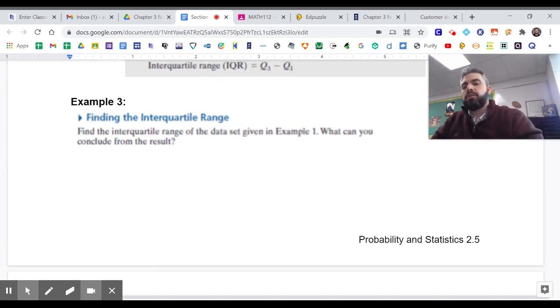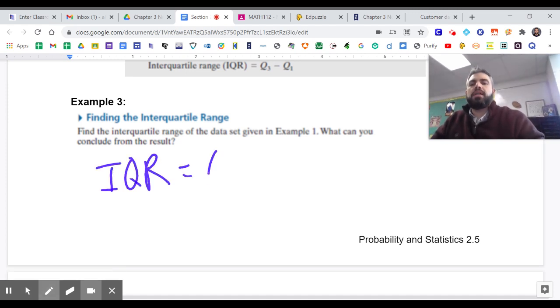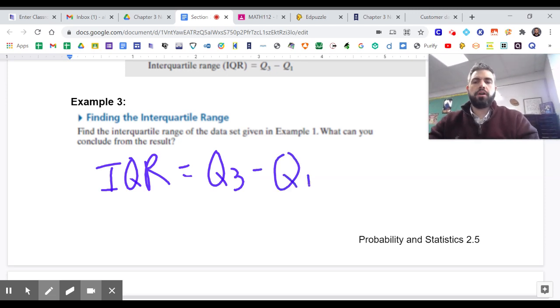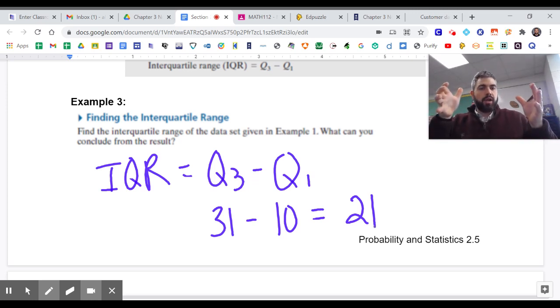So our IQR, interquartile range is what it stands for, is Q3 minus Q1. All right, and so our Q3 was 31 and our Q1 was 10. And so when we subtract those, we end up getting 21 as our interquartile range, which means that the middle half of the data is within 21. That's an important value, okay?